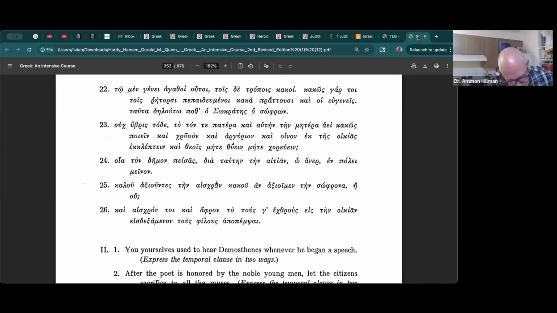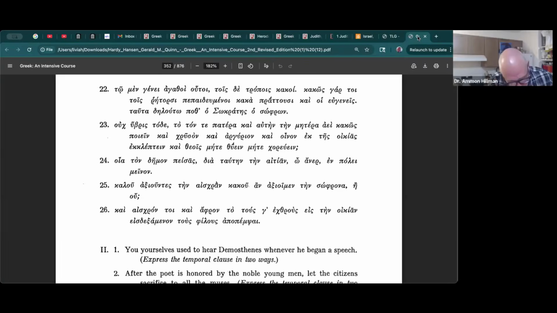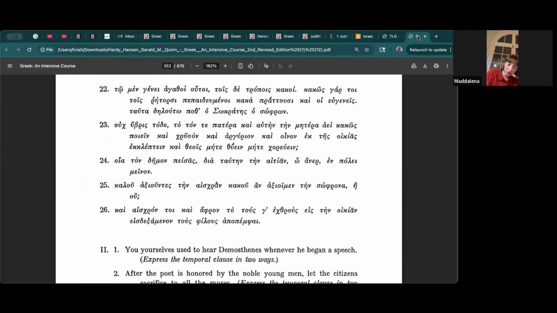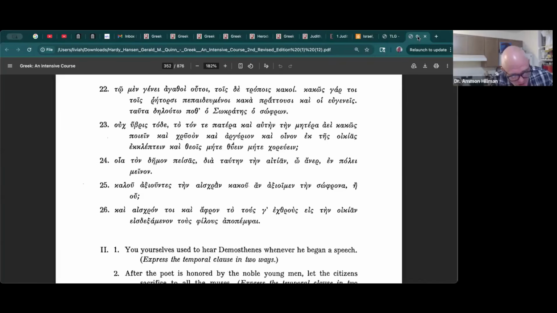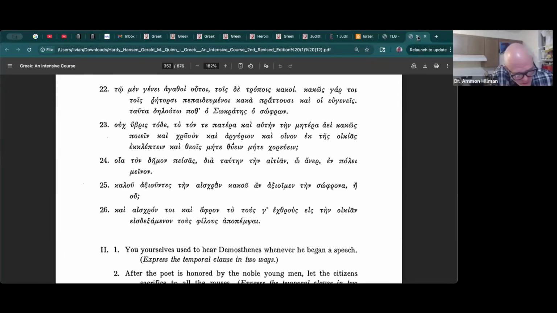Should we deem the sophrona, the wise, worthy of something? Should we deem them worthy kaku?